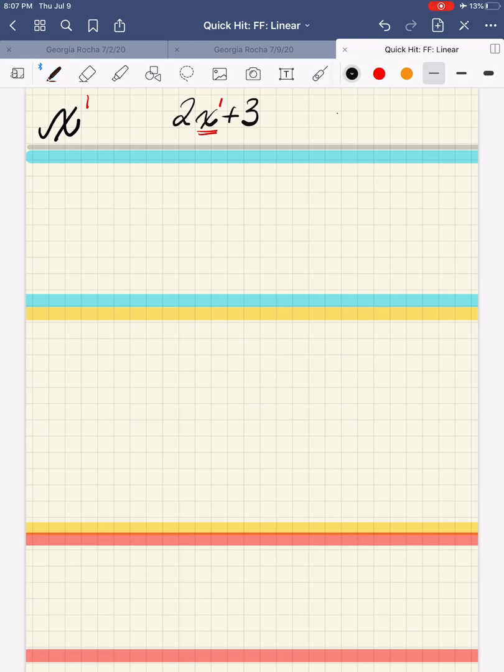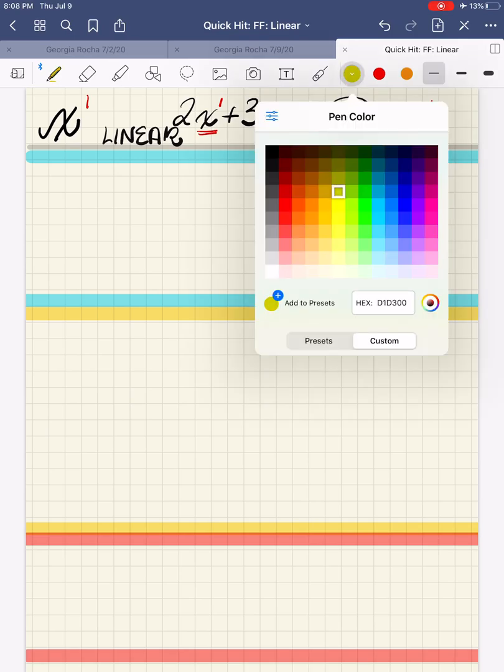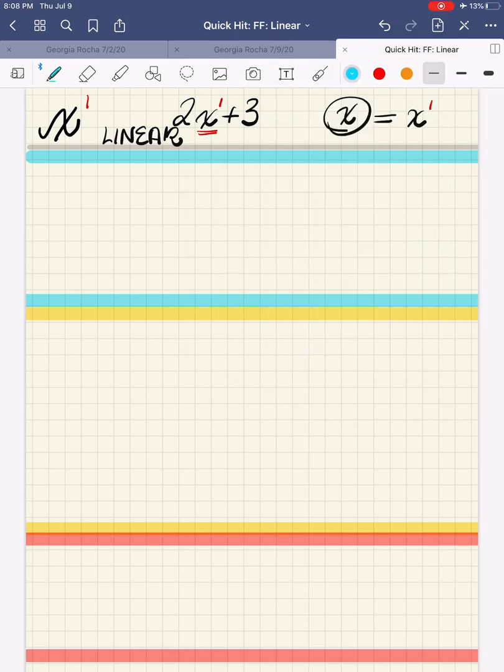So when you just see x all alone by itself, we can be assured that that's x to the first power. That is going to be a linear function. Now, that linear function, like all the functions that we're going to talk about, can be understood in a few ways. It can be understood as an equation. It can be understood as a graph. And it could be understood as a table.